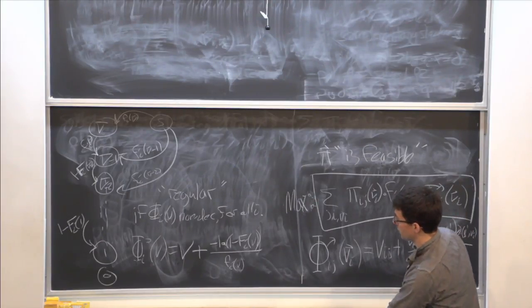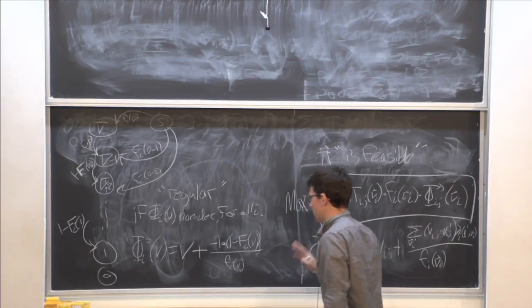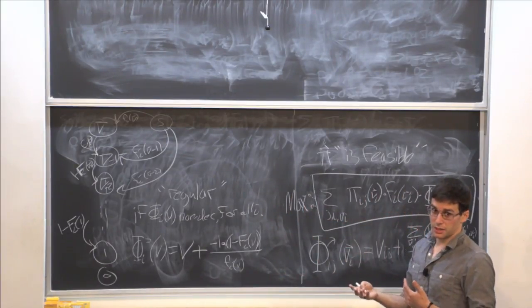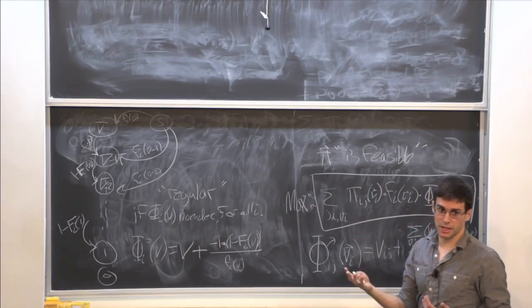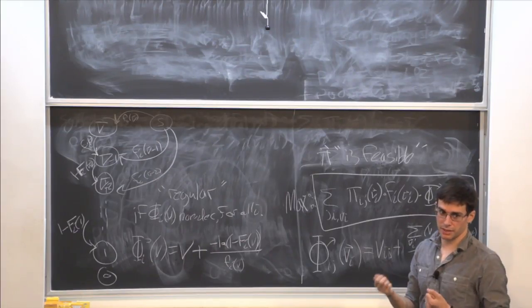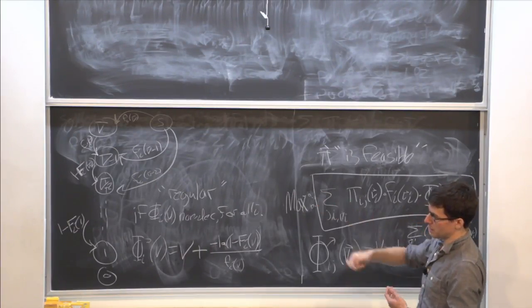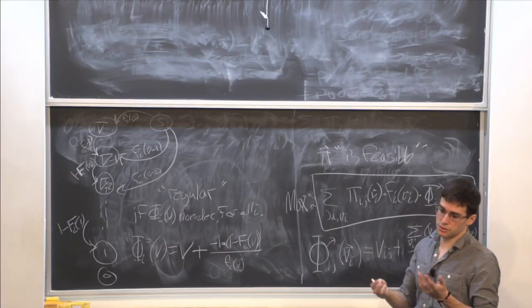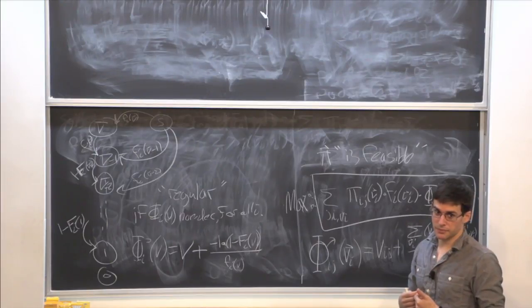If it's not regular, let me now describe a procedure. I asserted that this function had better be monotone non-decreasing, otherwise there's no way for you to get a truthful mechanism out of it. He used the term ironing, to iron out any non-monotonicity.